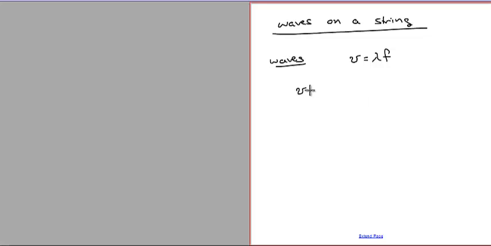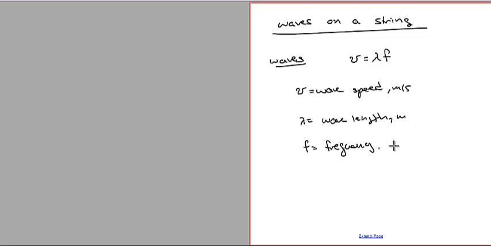So that's wave speed, and that's in meters per second. Lambda is wavelength in meters, and f is frequency in hertz, which is 1/seconds, cycles per second.